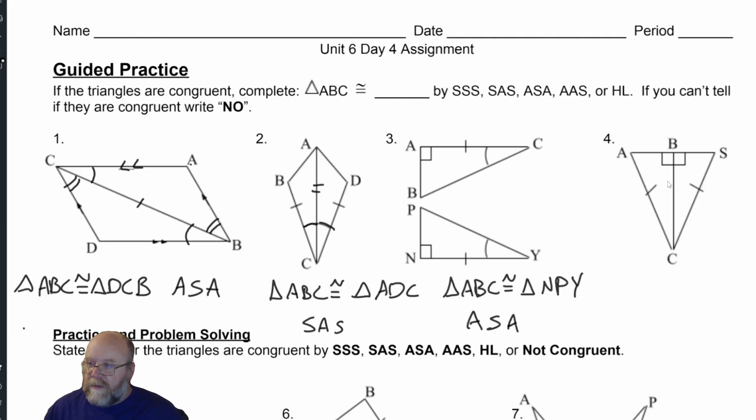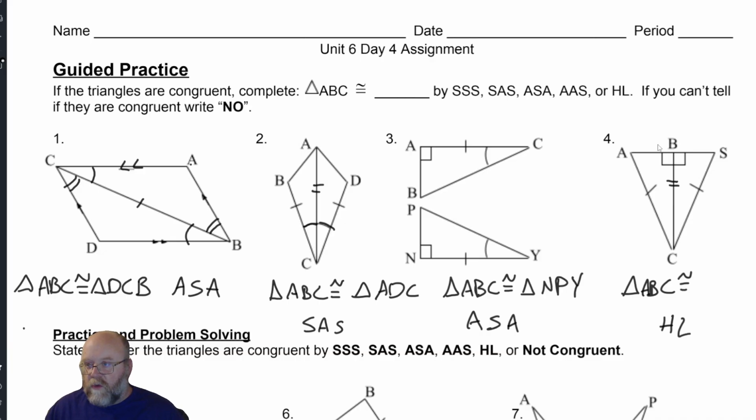Okay, what next? This shared side is true. Uh-oh, we got a side-side-angle situation. But with the right triangle, we can do HL. So we're going to do HL. Triangle ABC is congruent to. Okay.